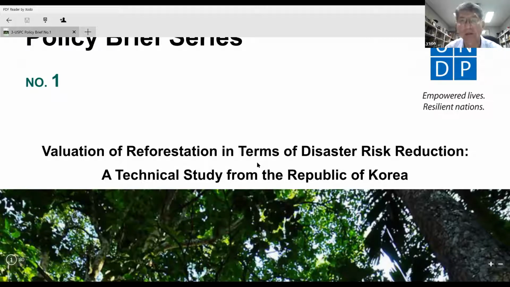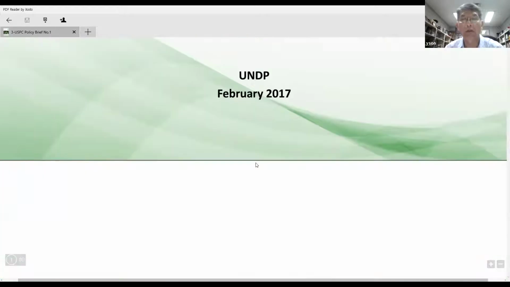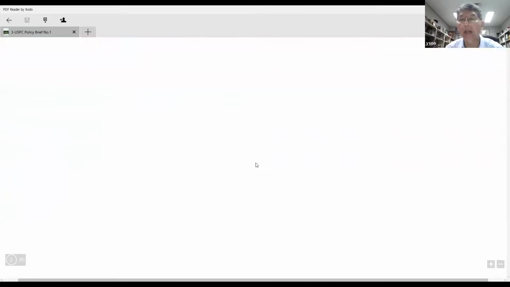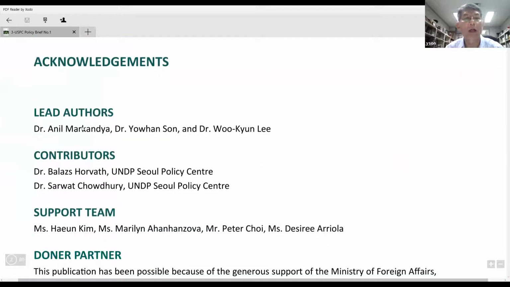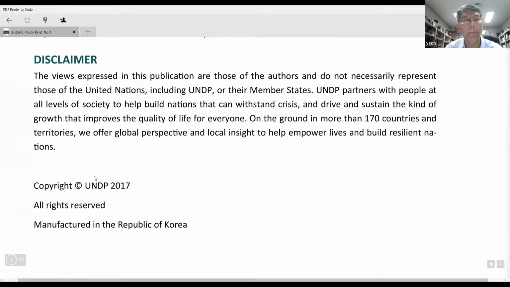But in content, not only disaster risk reduction, it included some other ecosystem services like soil erosion control, water yield enhancement, and carbon sequestration. It was published in 2017, 3 years ago. And again, Dr. Anil and contributors from UNDP SPC.